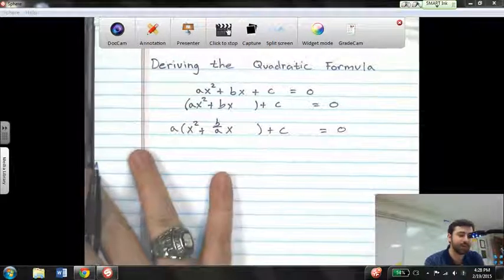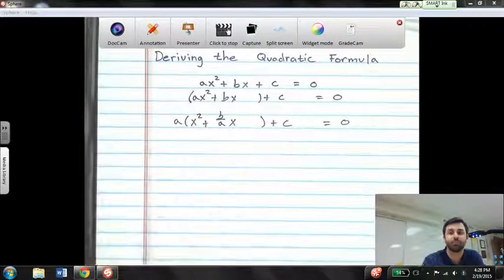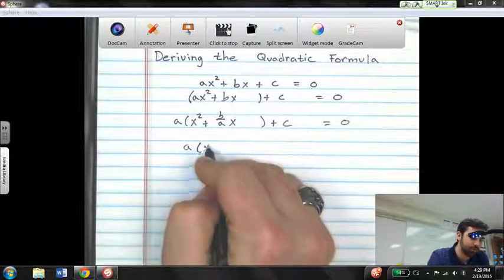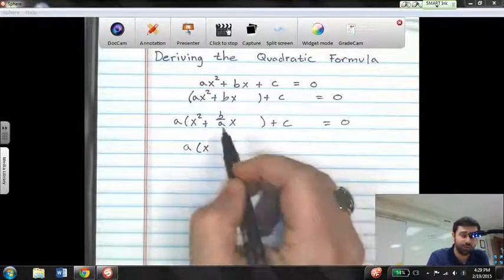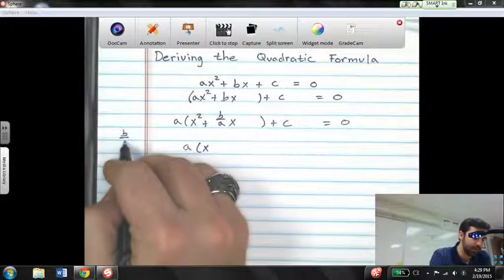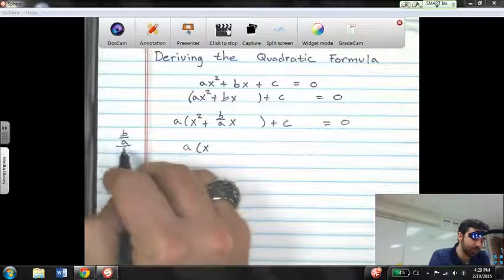So then I can complete the square, the process. I'm going to take my b coefficient, or this second coefficient, b divided by a, and I'm going to divide it by 2.